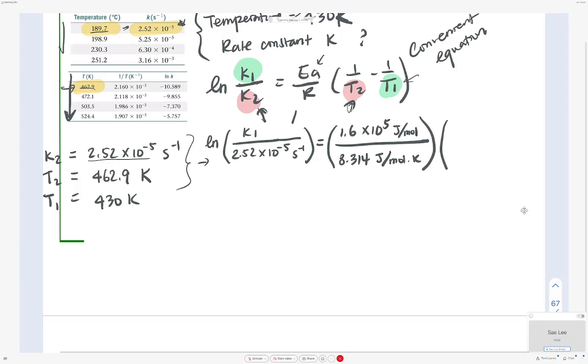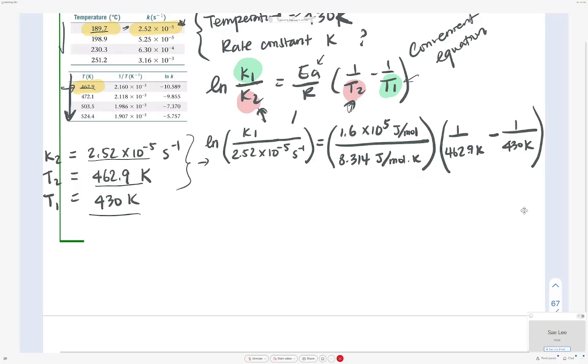And then we know T2 is 462.9 Kelvin, minus T1, which is 430 Kelvin.